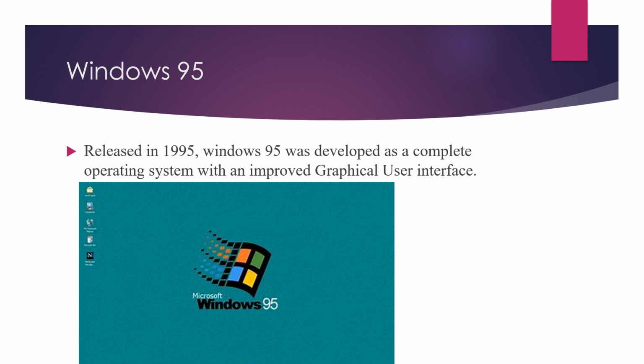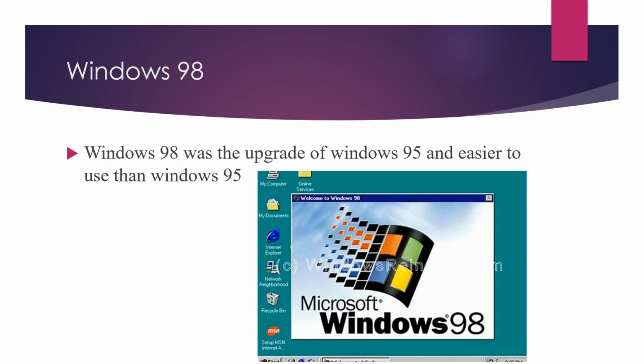It was a complete operating system with an improved graphical user interface. The developers and programmers worked more to create icons and logos for Windows. They tried their best to create a graphical user interface, and they also worked on Windows 98.